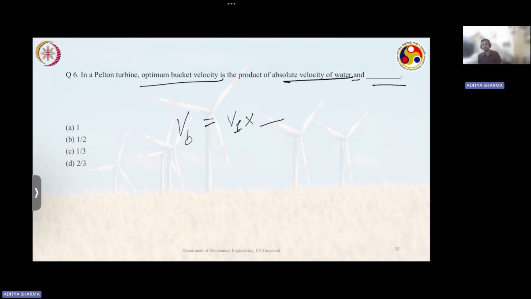Four options have been given: is it one half, one third, two third?